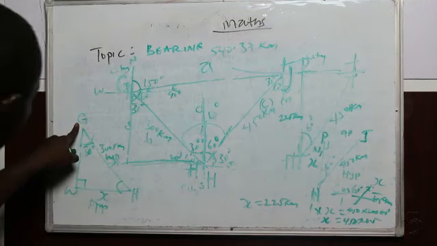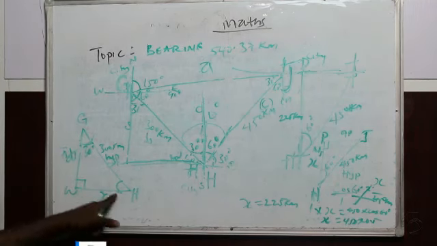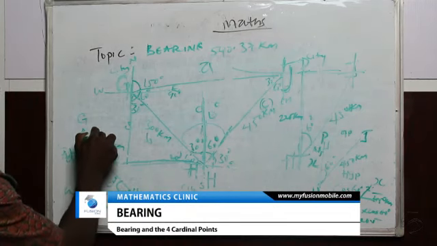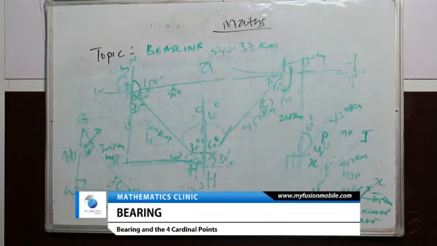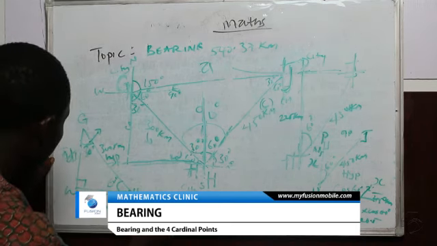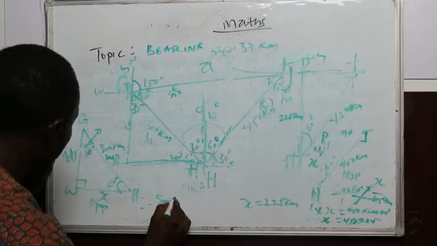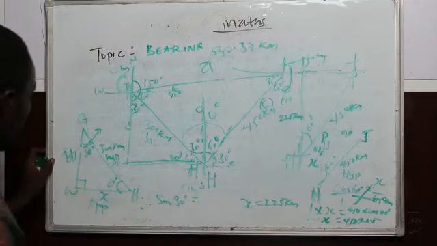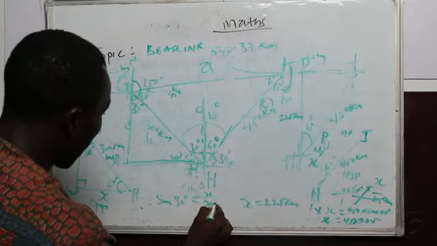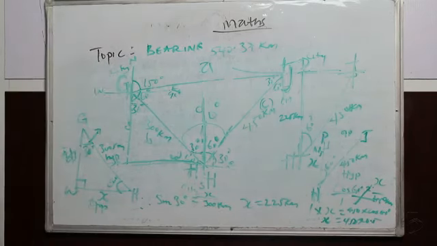We are considering the angle here. We are not considering the 60 degrees here. We are considering 30 degrees here. So now this is going to be opposite over hypotenuse. Therefore, sine 30 degrees is equal to opposite x over hypotenuse, 300 kilometers.